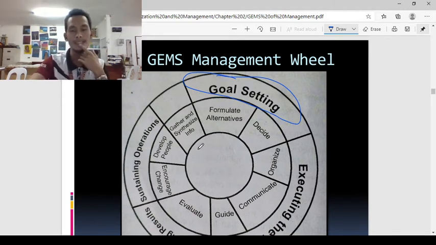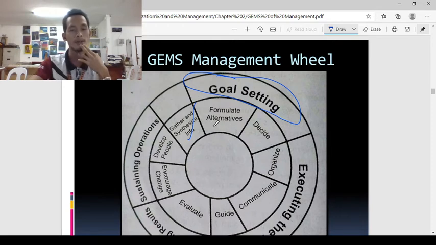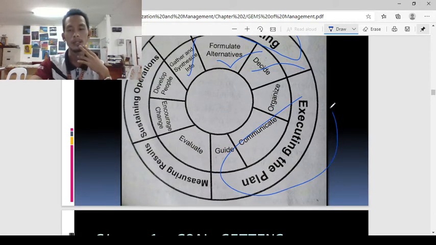Like in goal setting, first stage is to gather and synthesize information, diba? Before putting up a business, gather and synthesize information. Later, I will thoroughly discuss it. Next, formulate alternatives and decide on course of action. After goal setting, you will go to executing of the plan, diba?